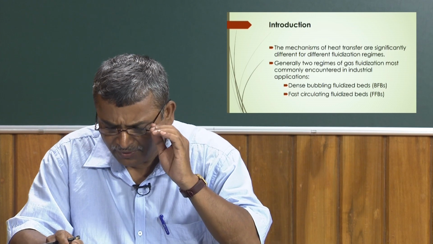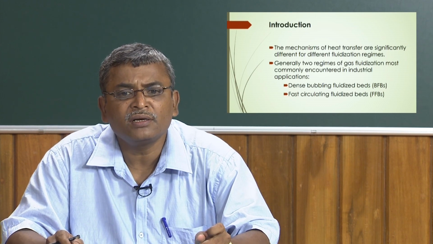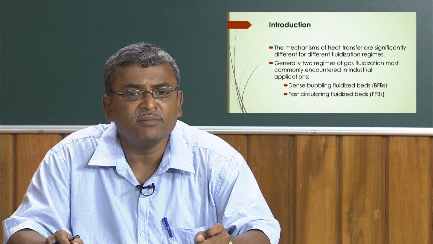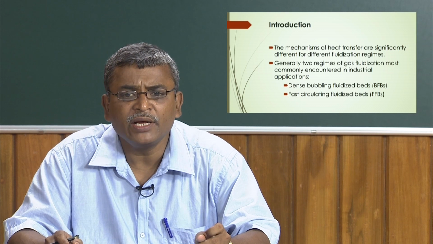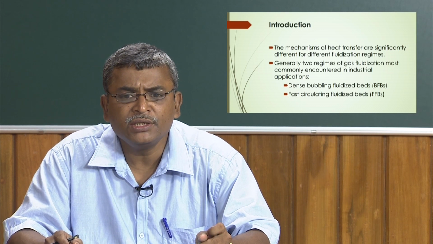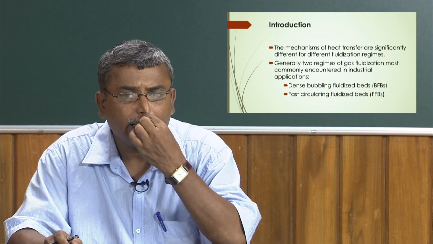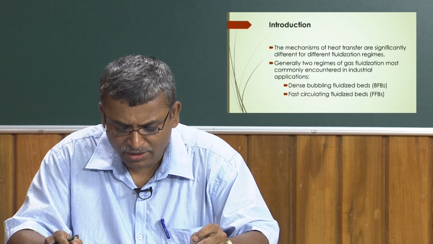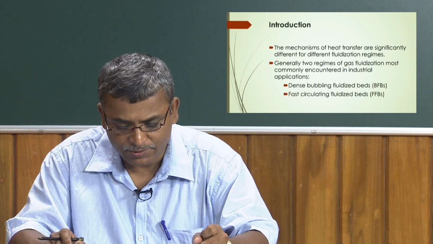And the mechanism of heat transfer is significantly different for different fluidization regimes, and generally two regimes of gas fluidization are mostly encountered in industrial applications. One is called dense bubbling fluidized bed, another is called fast circulating fluidized bed.